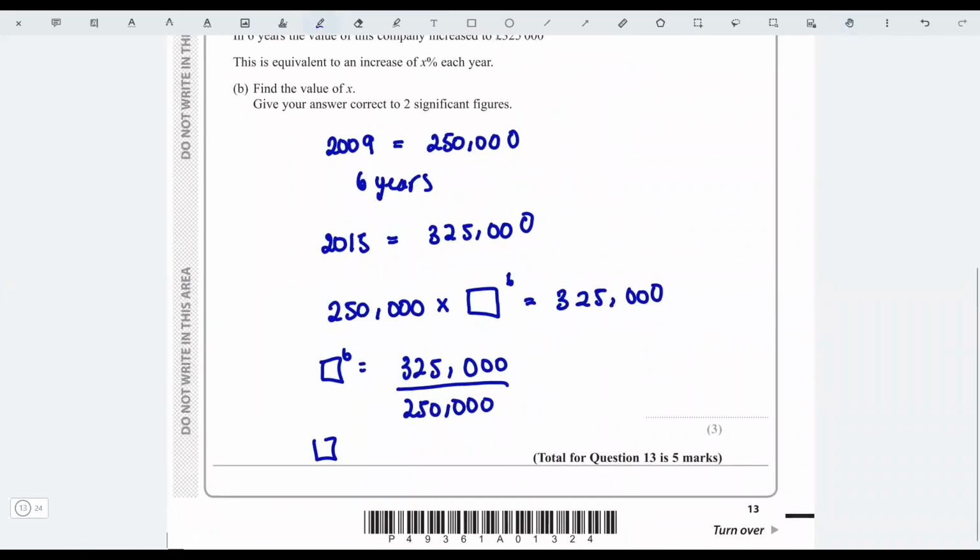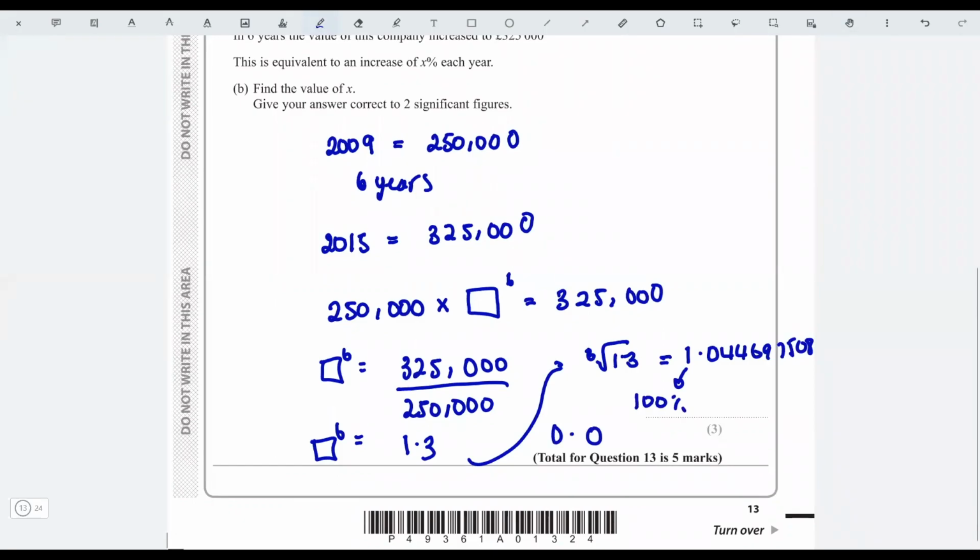So I get something to the power of 6 is equal to 1.3. Well, that's nice and simple to do, because if I want to work out what number I times by itself 6 times to end up with 1.3, I just do the 6th root of 1.3 on my calculator, and I end up with 1.04469758.